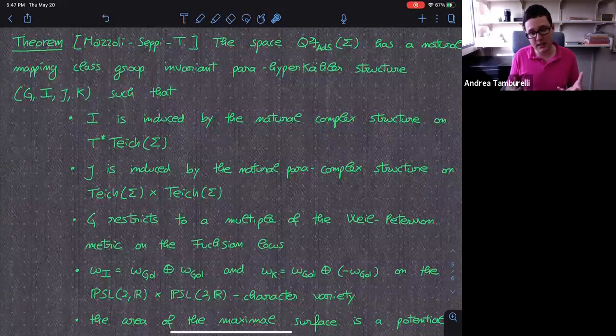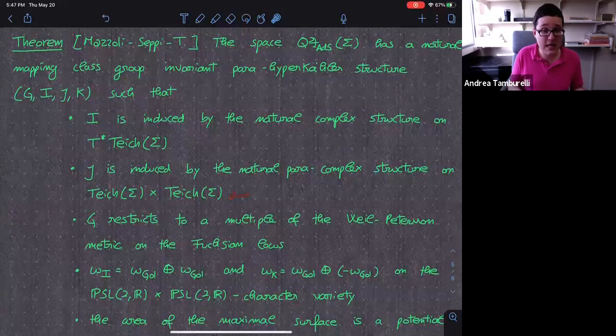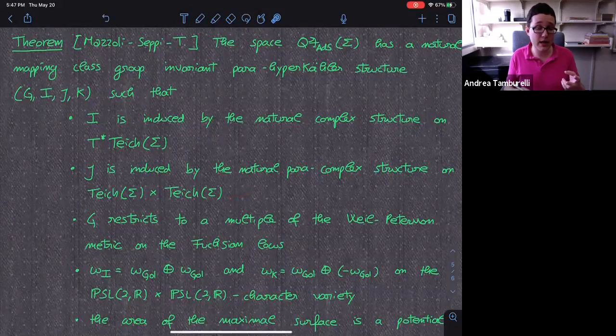So under that identification, the natural paracomplex structure on Teichmüller cross Teichmüller becomes the paracomplex structure J, and the natural paracomplex structure on this product is simply the bundle endomorphism that acts like the identity on tangent vectors to the first component and negative the identity on tangent vectors to the second component.